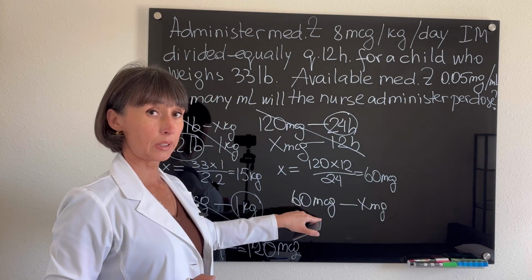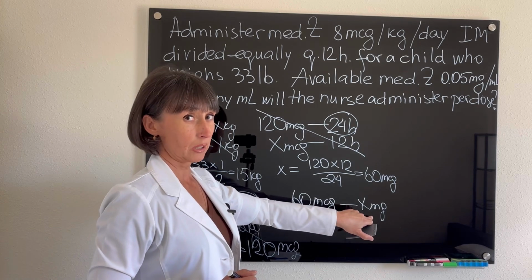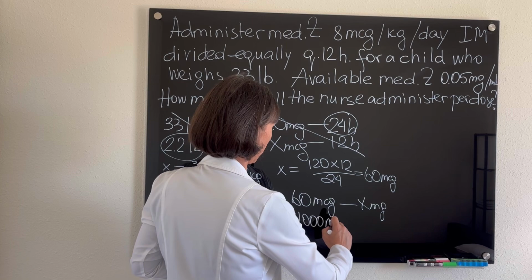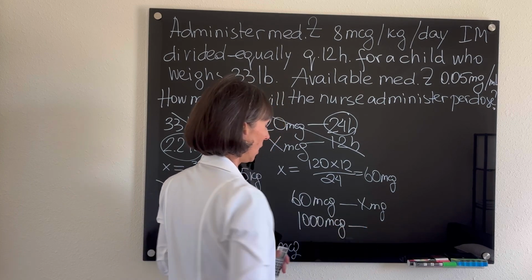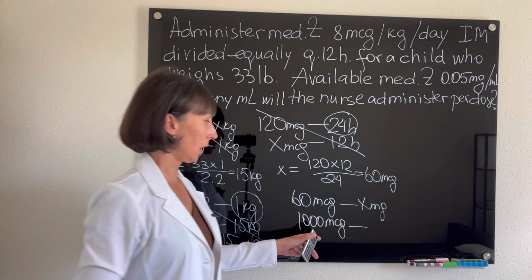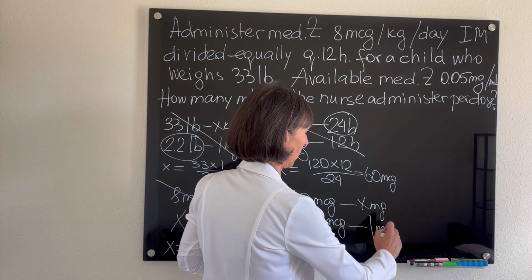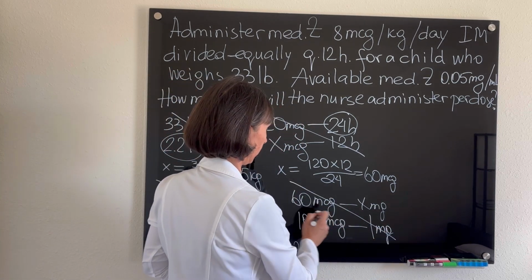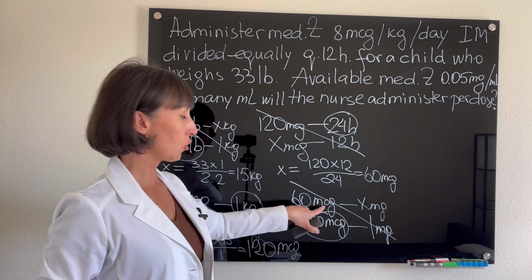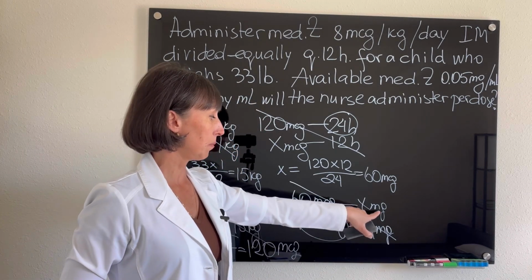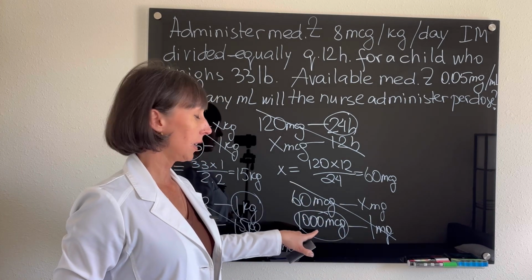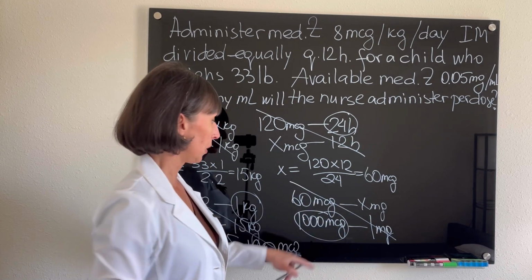60 microgram that I have to give. I don't know how many milligram that is. But I know that 1,000 microgram is 1 milligram. I always check to make sure I have my microgram and the microgram, milligram and the milligram. I find my diagonal to multiply and then divide by the leftover number.